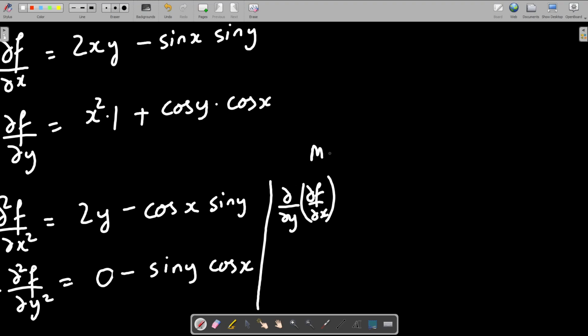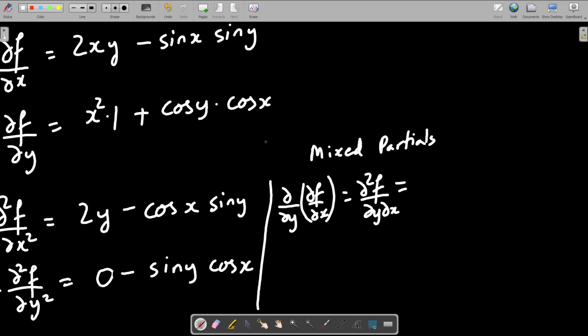This is called mixed partials, because we are taking one x and one y. So I am mixing both of them. This is the same as writing ∂²f/∂y∂x. In short notation, this is how we write it.